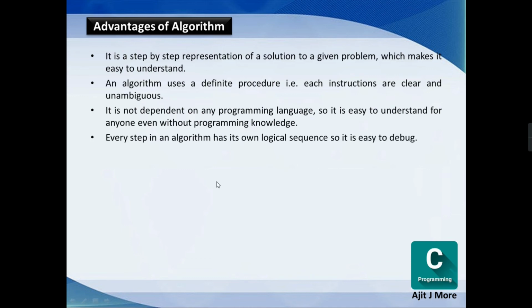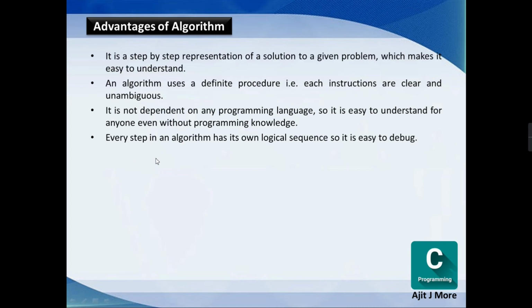Okay, then debugging. Every step in an algorithm has its own flow, its own sequence. So if you trace that sequence, you'll be able to find out where the mistake is. So it is easy to debug. And already I said that when we write algorithms, we also try to follow the effectiveness property.